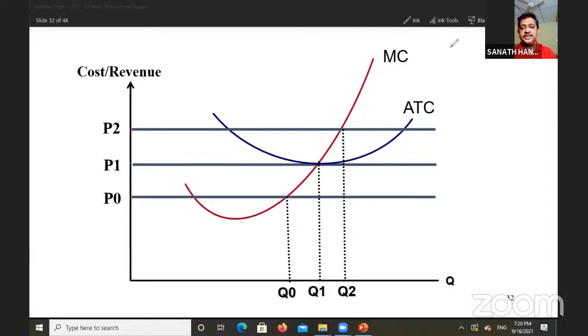Q2 is not at the minimum level of average total cost.